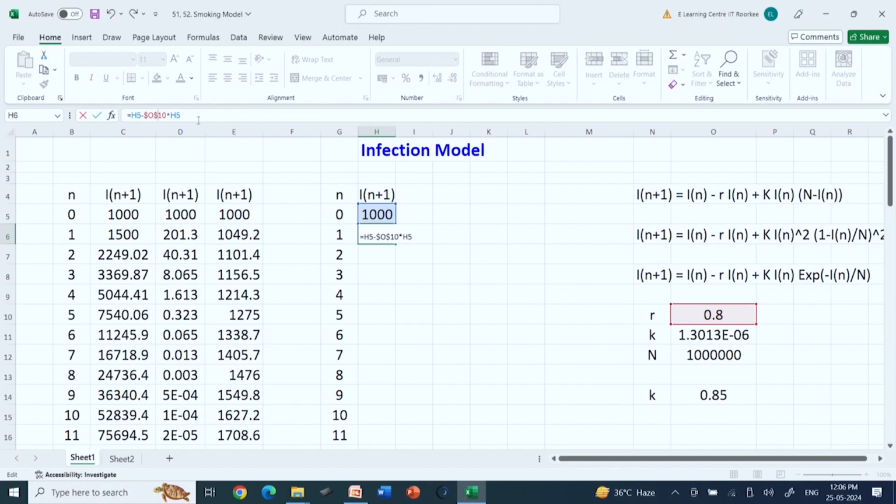Plus k, this is the value of k, which is again a constant, so I put a dollar sign. k times I n, which is this value, multiplied by n, which is a constant, minus I n.